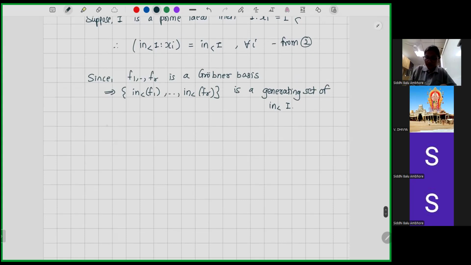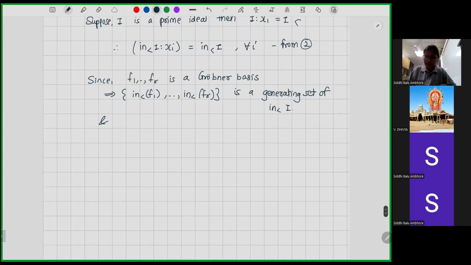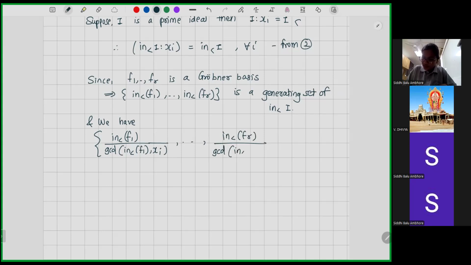Okay, and we already have from here this, and we have the leading term of F1 divided by GCD of the leading term of F1 comma xi, up to the initial term of FR divided by GCD of the initial term of FR comma xi, is a generating set of the initial ideal of I colon xi, which is nothing but the initial ideal of I, right?